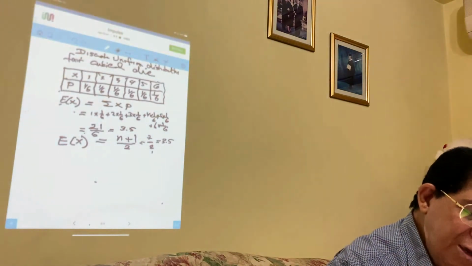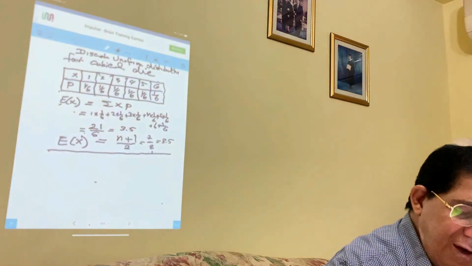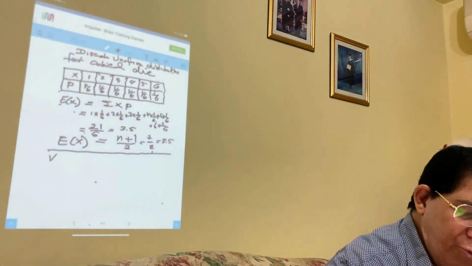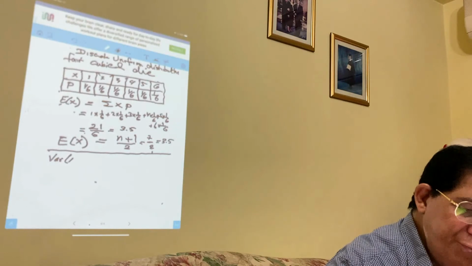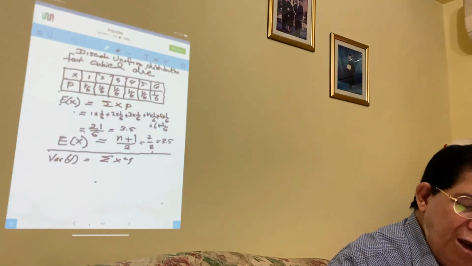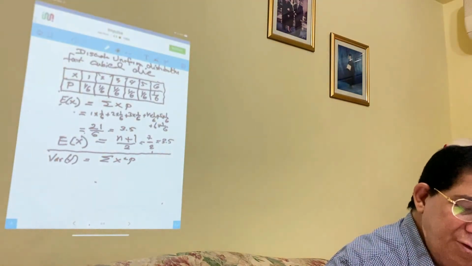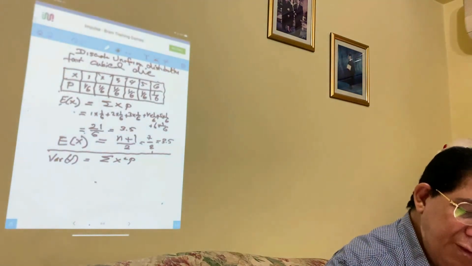There is also an easier equation to get the variance. Rather than getting the variance the usual way, the variance of x equals sigma x squared p, and we calculate all the values.